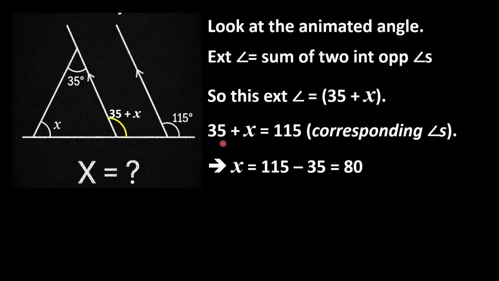So 35 plus x is equal to 115, or x will be equal to 115 minus 35, that is 80. So the value of x should be 80 degrees. First, we use the rule exterior angle is equal to the sum of two interior opposite angles, and then we are using corresponding angles are equal. Simple elementary geometry, and we are getting x equal to 80.